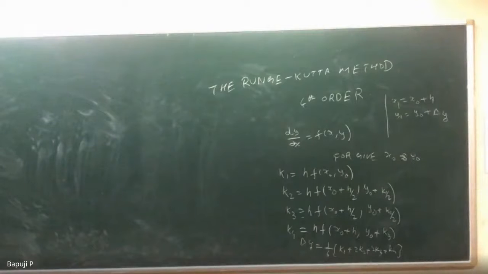Delta y, I will remember as 1 by 6 of k1 plus 2k2 plus 2k3 plus k4. Because k2 and k3 were divided by 2 in k1 by 2, k2 by 2, this is not logically something you can remember, so you can multiply by 2 like this.